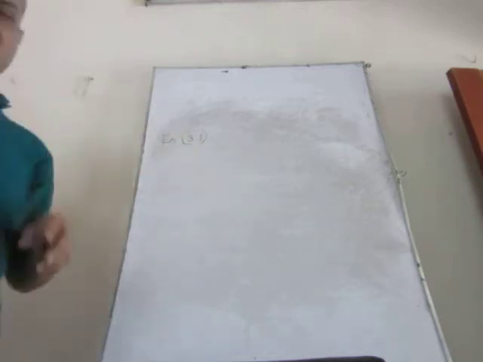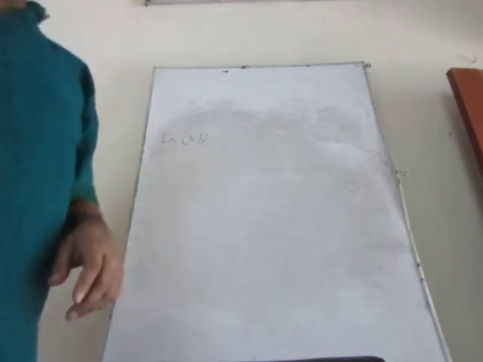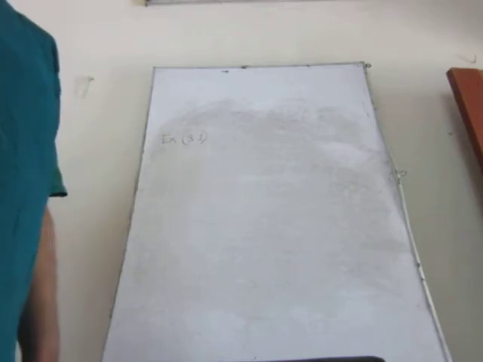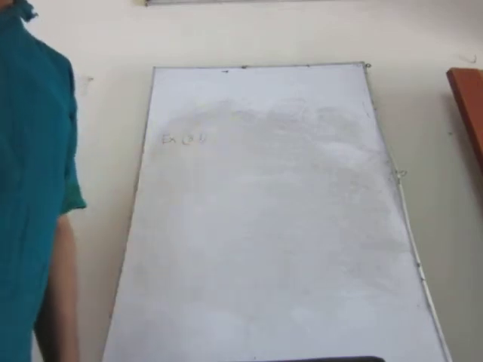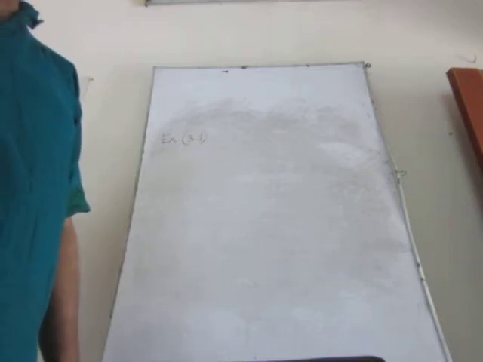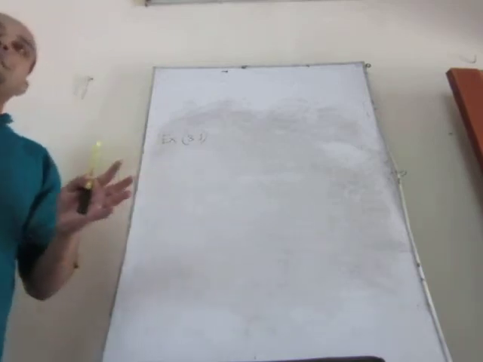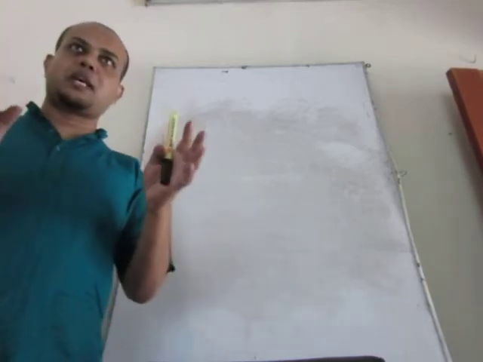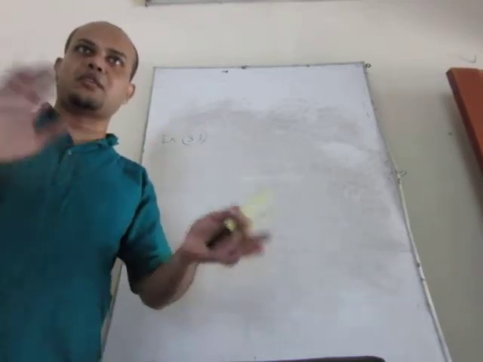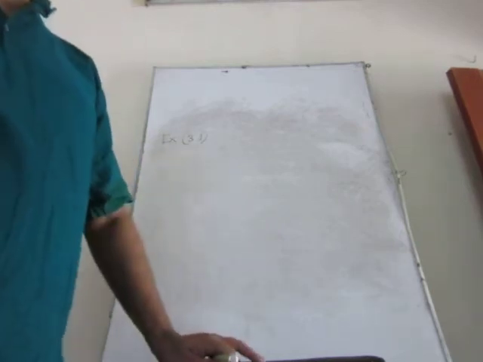Here, see, Pike and Scar are in partnership and have the following profit sharing agreement. Interest on capital is to be provided at a rate of 8%. That means whatever capital they invested, 8% will be provided to them as interest.